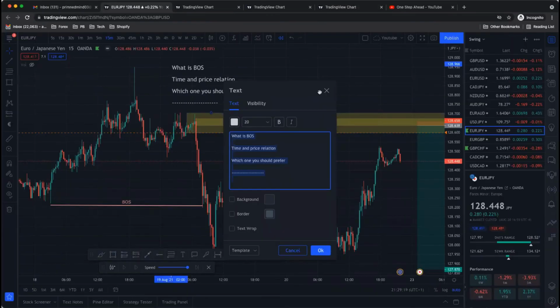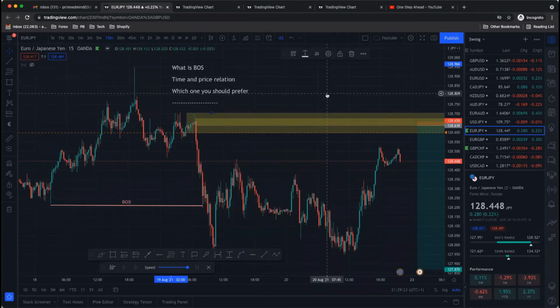Now, the time and price relation. You need to understand that time doesn't know the price, and the price doesn't know the time. These are two different dimensions. There is no magical time frame like 15 minutes, 13 minutes, 45 minutes or 10 minutes. Whichever chart feels more readable to you, you can use that.